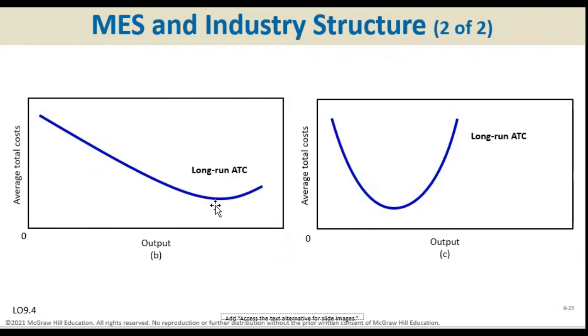The long-run average total cost curve is lower only when a large output is produced. So a small firm cannot compete in this particular industry and will not be successful.